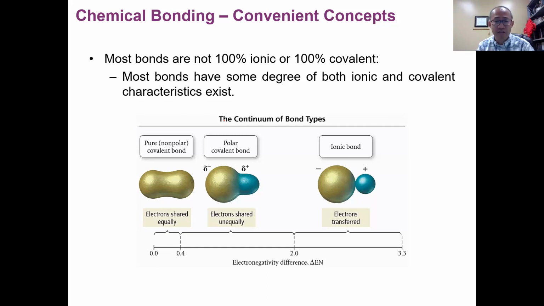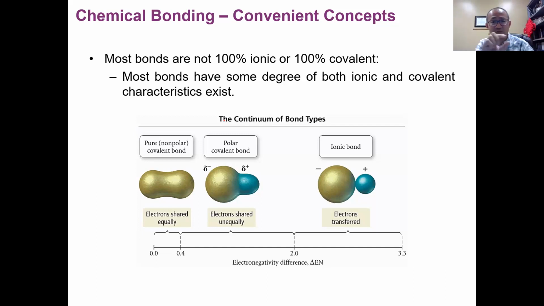But the idea is the type of bond depends on a continuous difference between these two atoms. Later on, we'll know this is called electronegativity. So as the difference between these two atoms changes, the type of bond will change, but there are no cut-off lines.